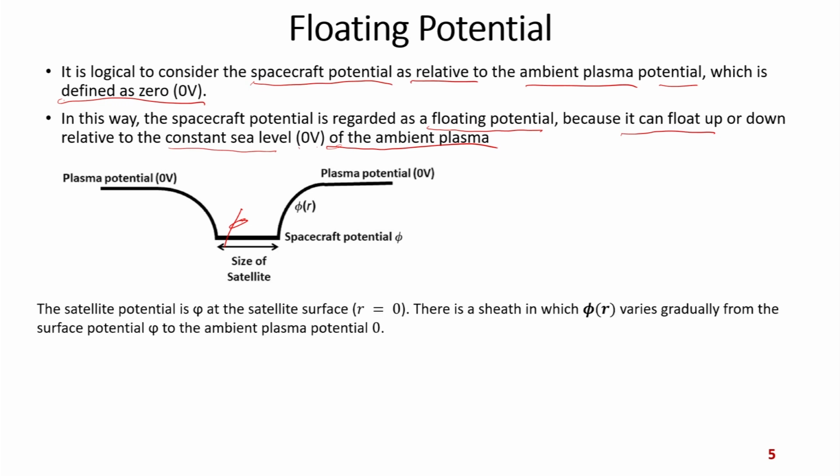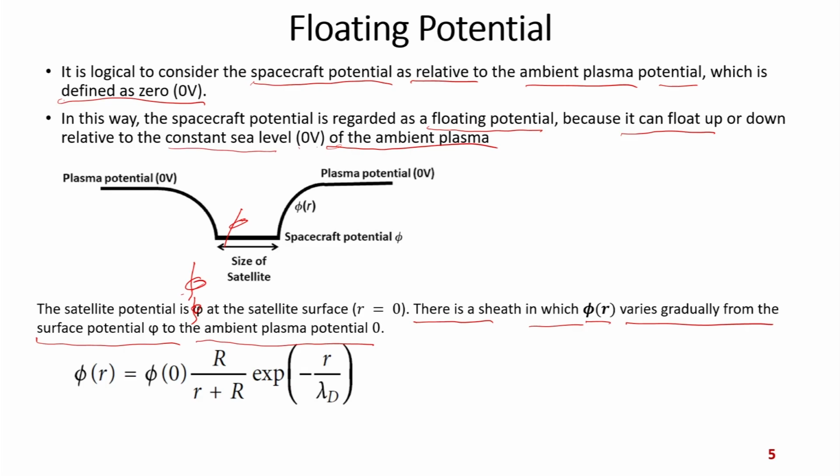So the satellite potential is phi at this point, where r is equal to 0. There is a sheath, as I said, in which phi of r varies gradually from the potential phi to 0, the ambient plasma where the potential is 0.